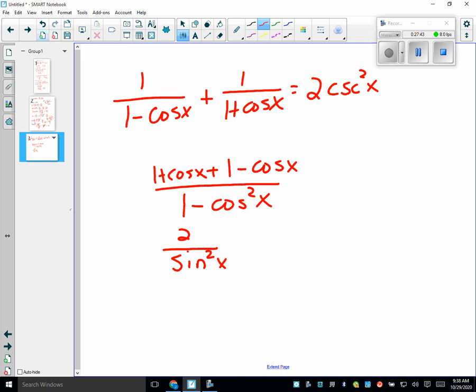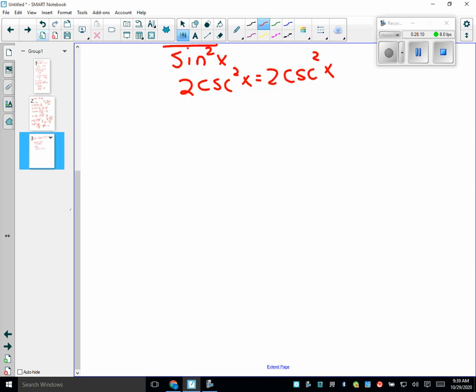Where's the fourth one? 2 cosecant squared x equals 2 cosecant squared x. This was one of the harder ones in the very first group you did. I remember this one. And guess what? It's easier now. Yeah. Ready for another one? Yeah.